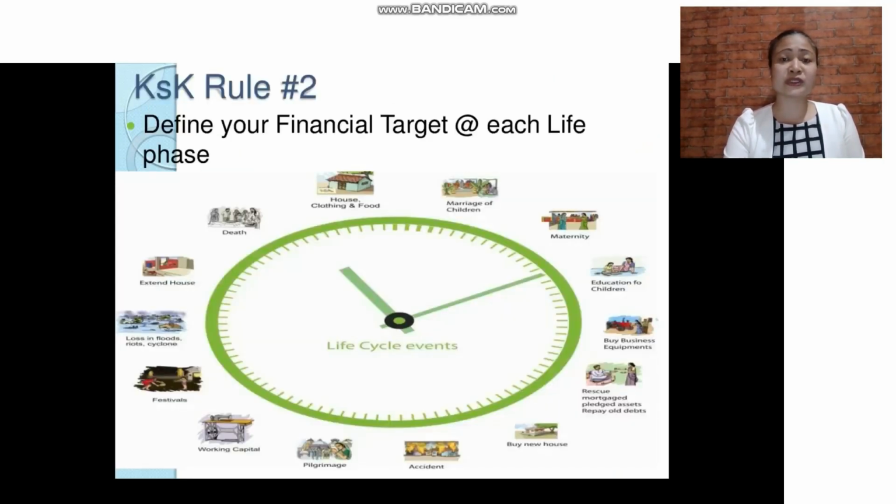Rule number two, define your financial target at each life phase.